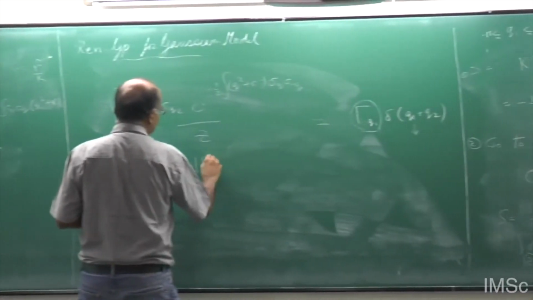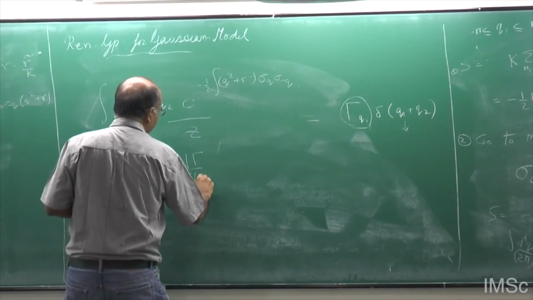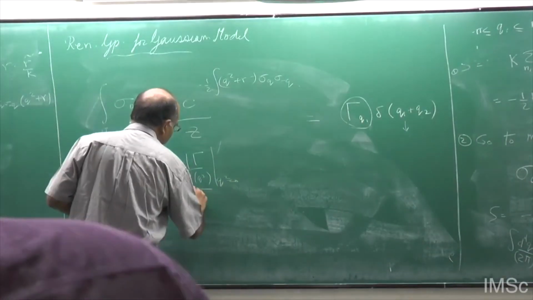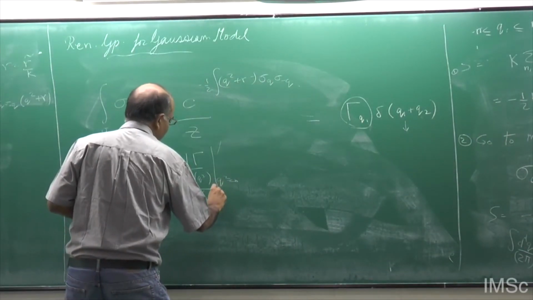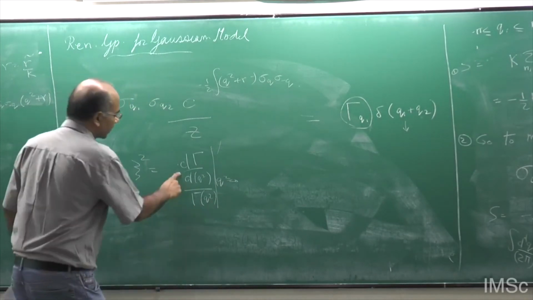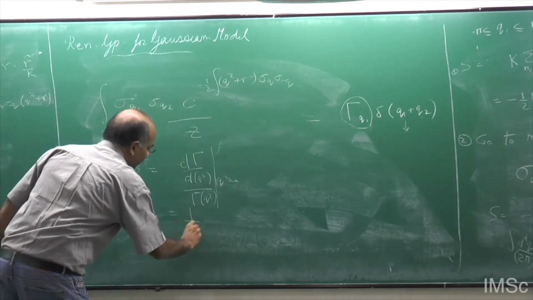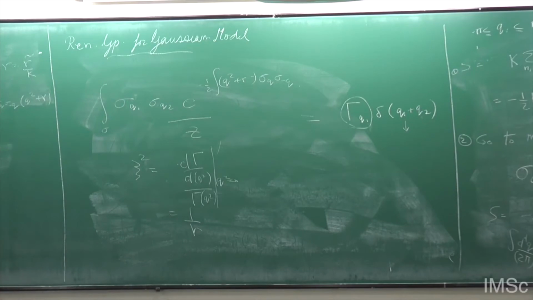So this you can write as d gamma by dq squared, this whole ratio. In this case, if you work it out, you will just get 1 over r for the simple example.